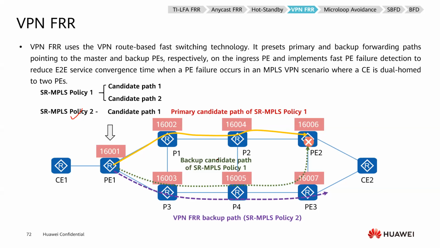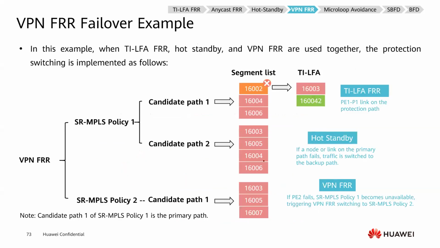Okay, then let's move on. Here are some examples of how protection switching works. First, if some node is filled, I can use TI-LFA FRR to do the protection to get to the destination.